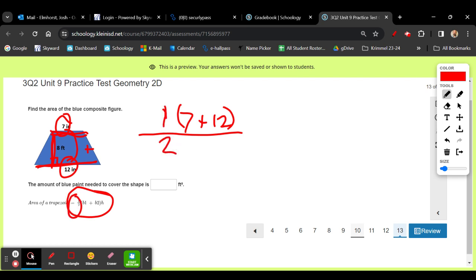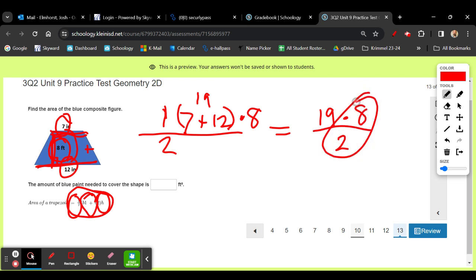So 1/2, 7 plus 12 times the height, which is 8. So we have the two bases, we have the height. Now we substitute and solve. 7 plus 12, we got 19 times 8 divided by 2. 8 divided by 2 is 4, so then we just have to multiply one time. 19 times 4.